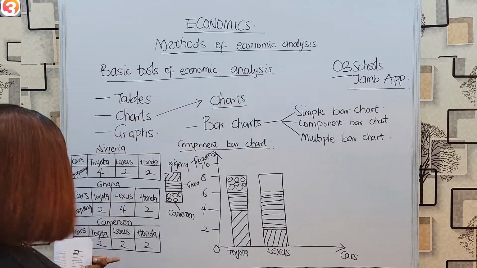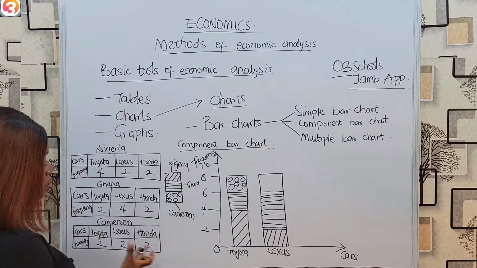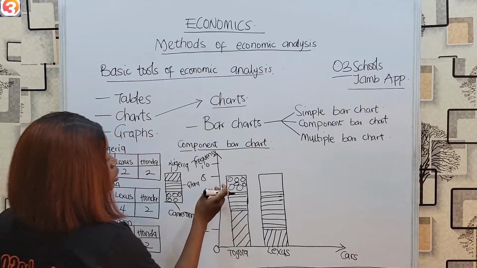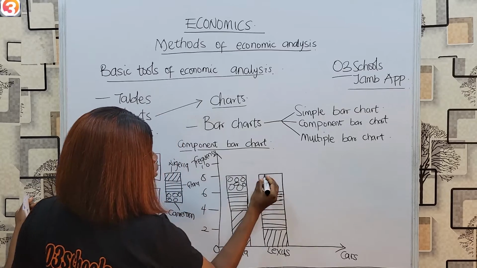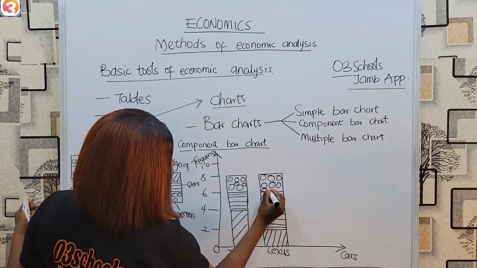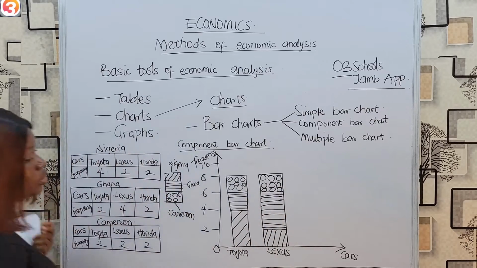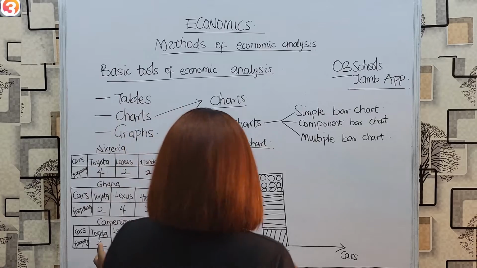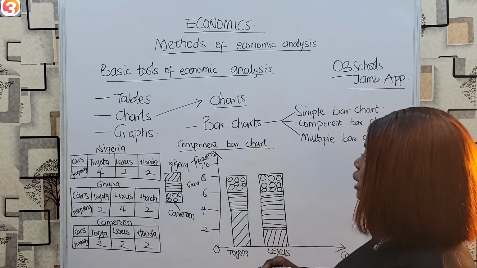Then the next place we look at is Cameroon, which is 2. So 6 plus 2 is equal to 8. So we know for a fact that the frequency of Lexus in Cameroon is 2. I hope we are following exactly.